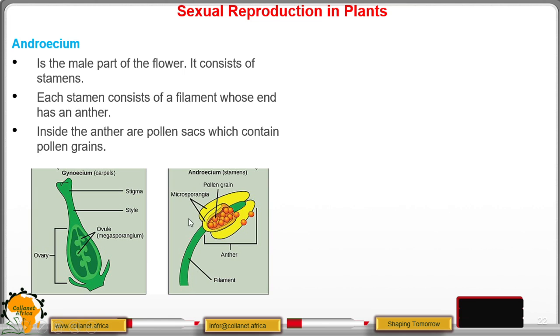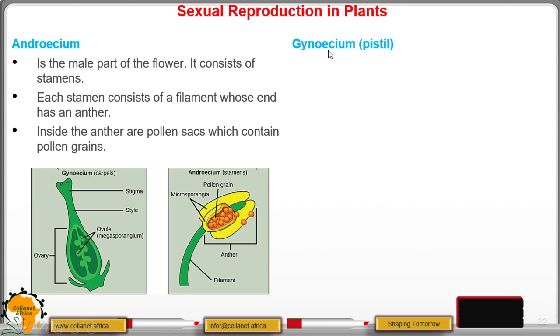We have the filament which suspends the anther. Then the anther contains the pollen sacs. So when you open these pollen sacs, then there are pollen grains.